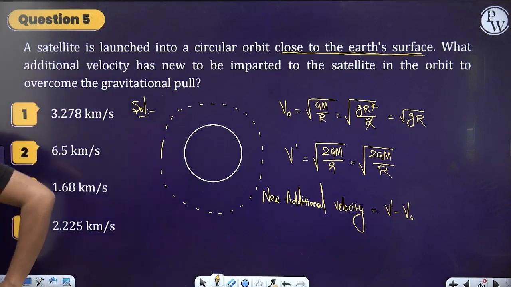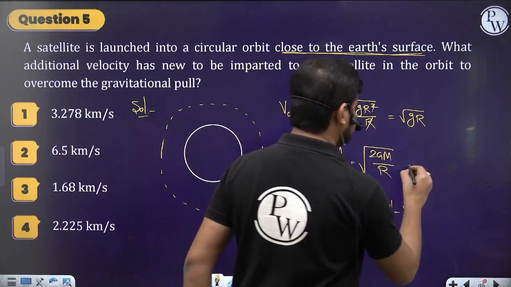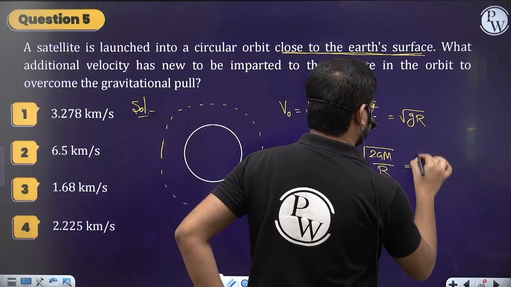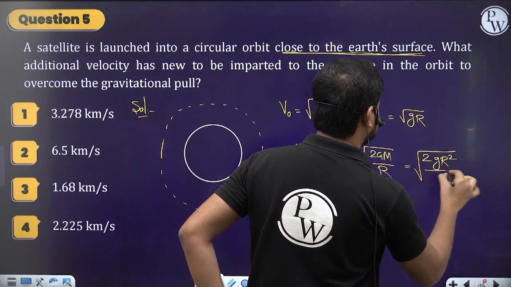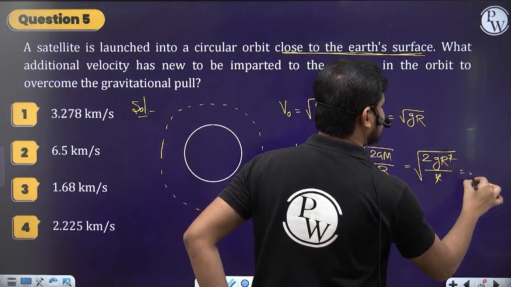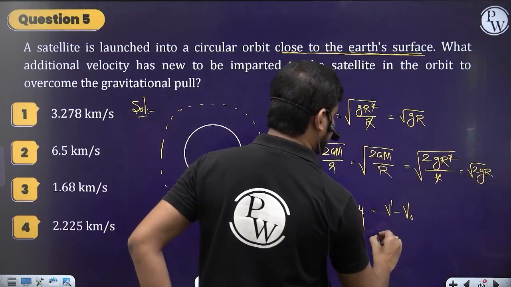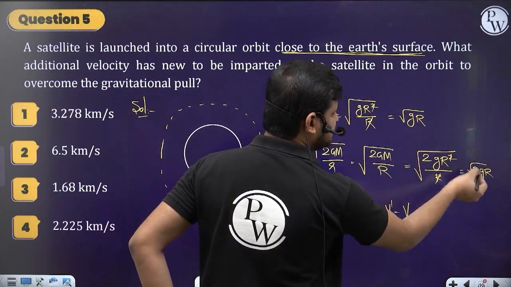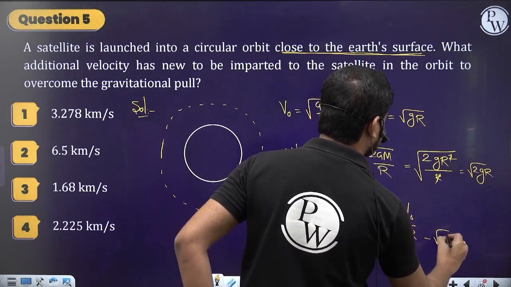Either you can write in terms of GR, or else you can write this way. In place of GM, I am writing GR square by r, r gets cancelled, root 2gR. So this will be the easier one, I guess. So v dash minus v means, in terms of small g only, root 2gR minus root gR.